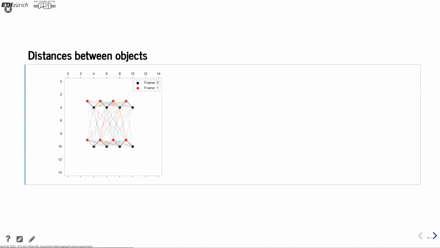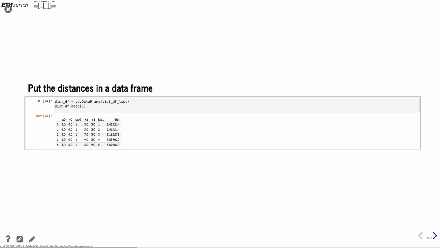And that gives us something like this. When we compute each position, this one is connected to everybody else and so on. That looks like quite a messy network. But that can also be put into a table where we can see all these distances. And we can soon sort out that we have a square root of 2 distance, which is the shortest distance between these different objects.